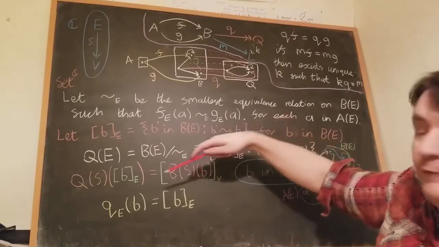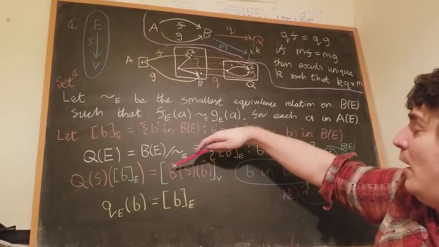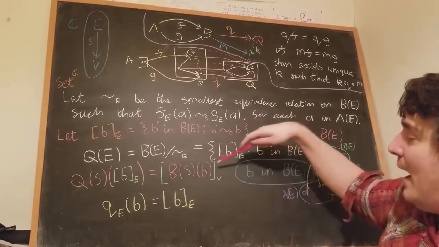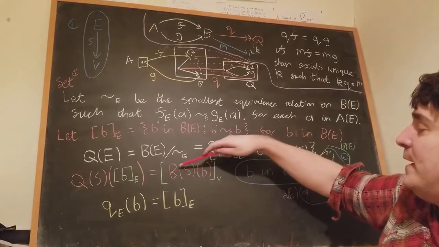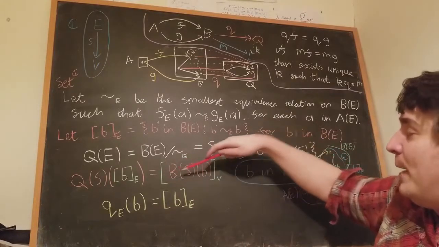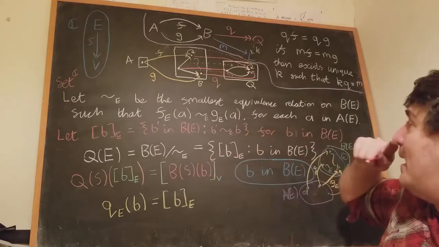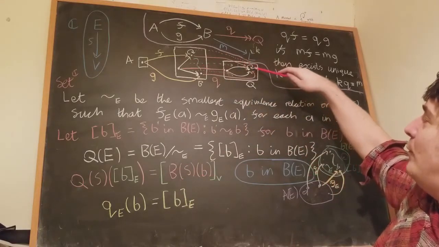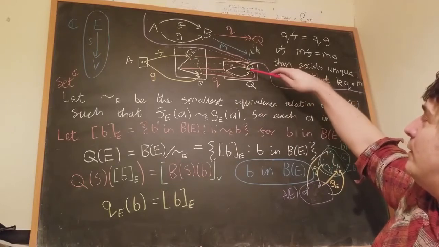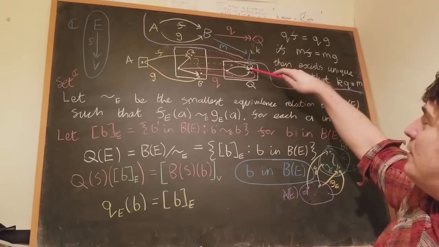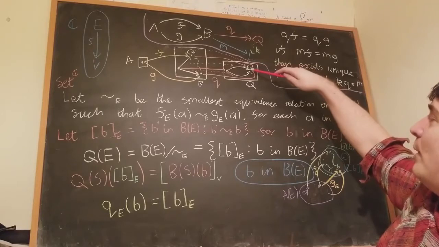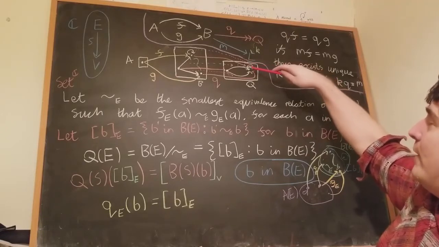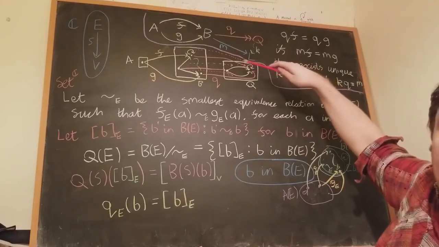We'd want to be doing the V component of Q on B of S of B, or in other words, we want to be finding the equivalence class of B of S of B with respect to V in this case. So we do that, and we find the stuff in Q which corresponds to what we get when we do an S action on this element of Q of E here.